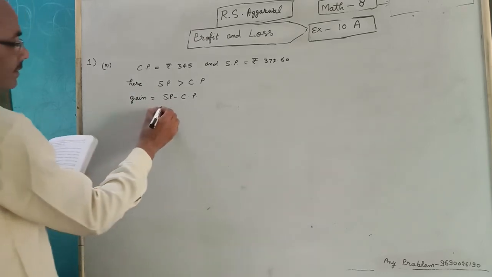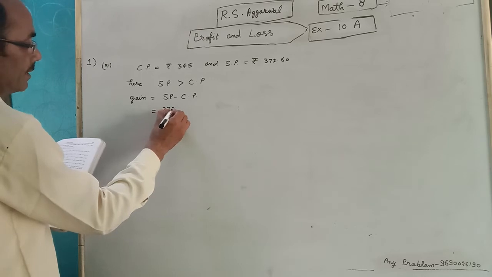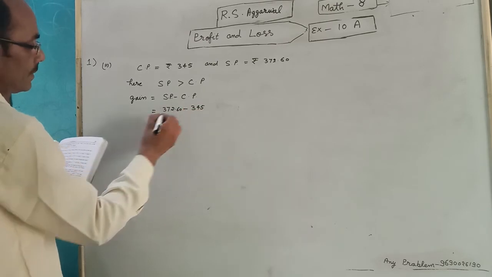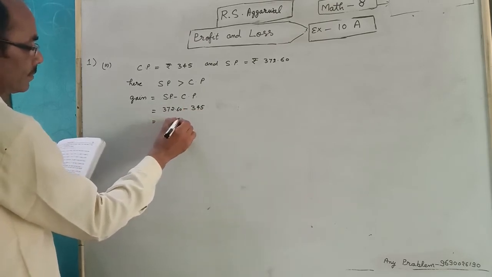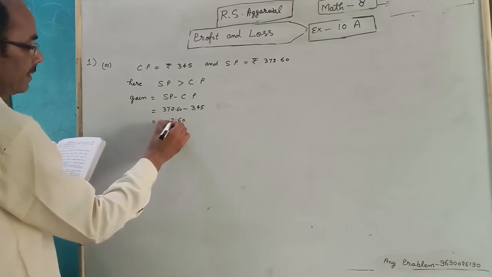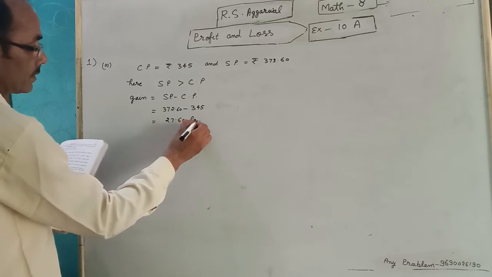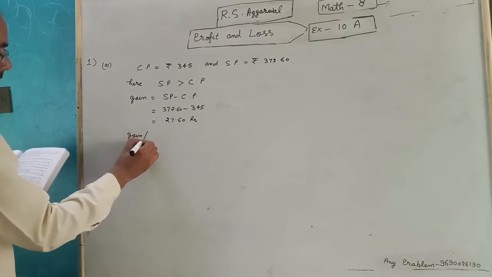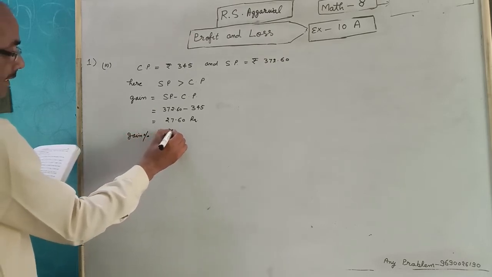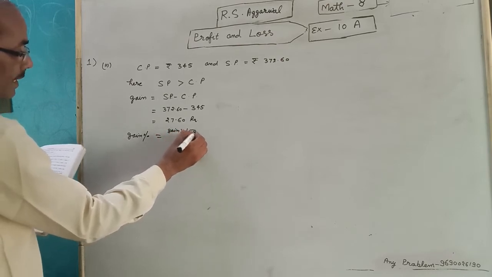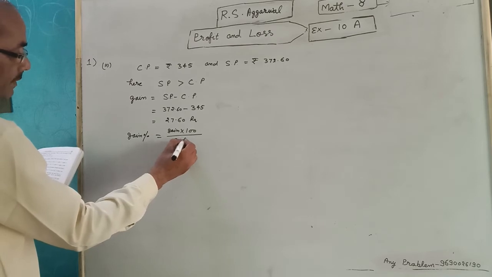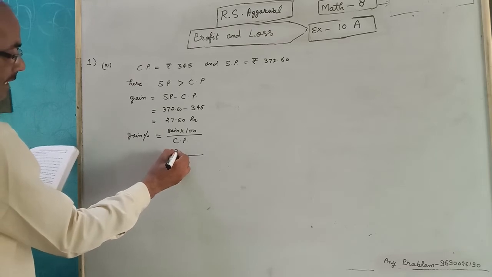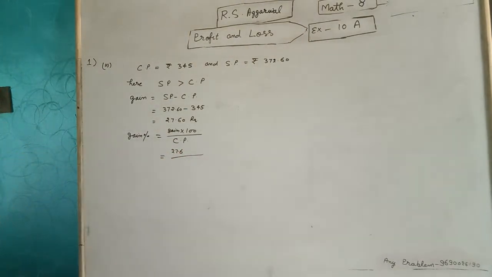SP is 372.60 minus 345. After minus is 27.60.